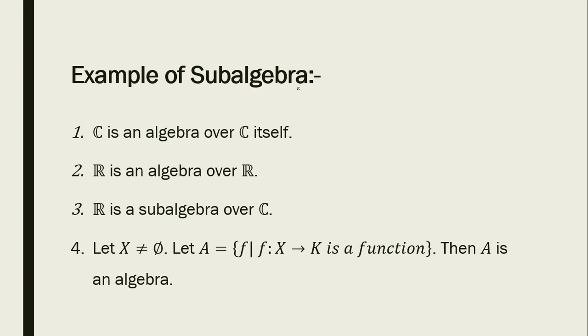Examples of subalgebra: first, C is an algebra over C itself, R is an algebra over R, and fourth, let X be a non-empty set and let A be the set of functions F from X to K, then A is an algebra.